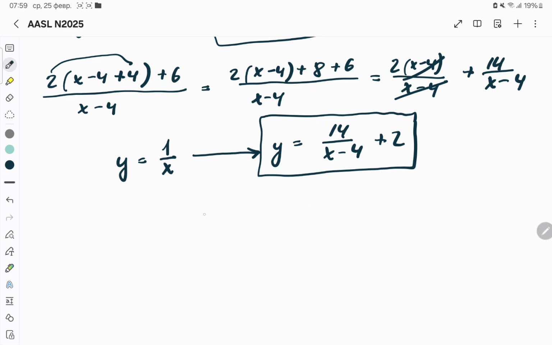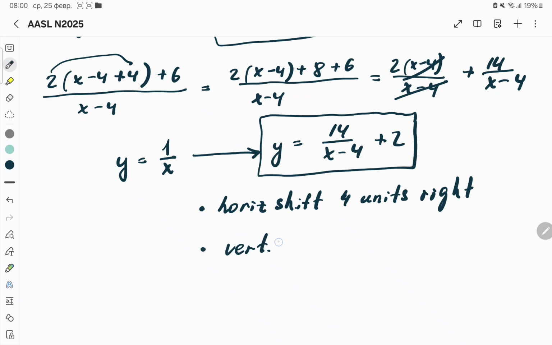So the sequence of transformations: horizontal shift 4 units right. This is the first transformation, right? The second one, vertical shift 2 units up.